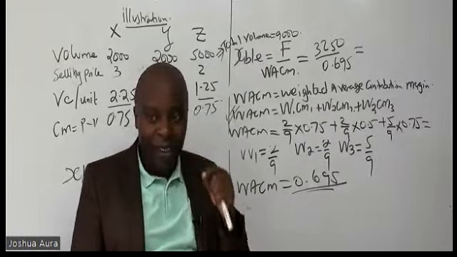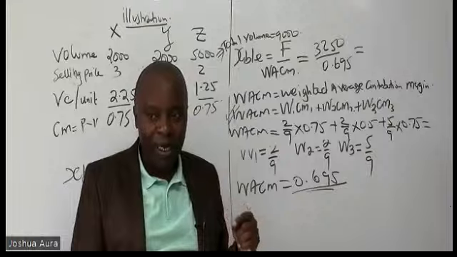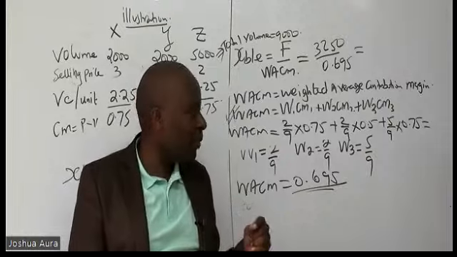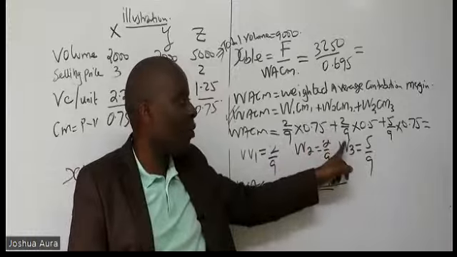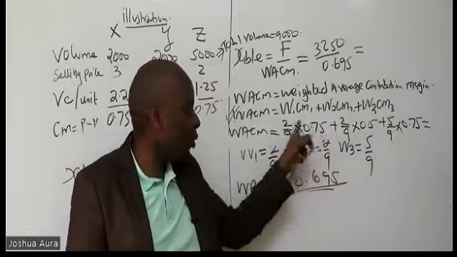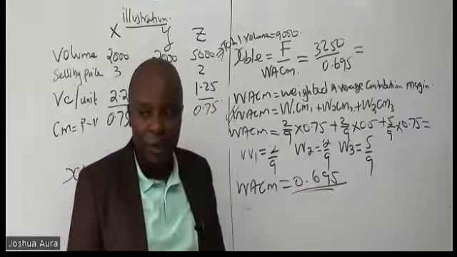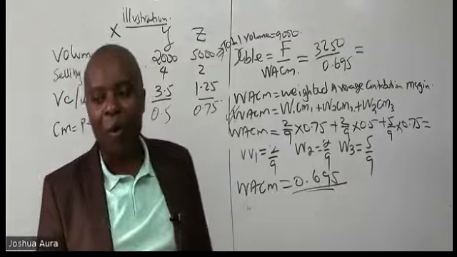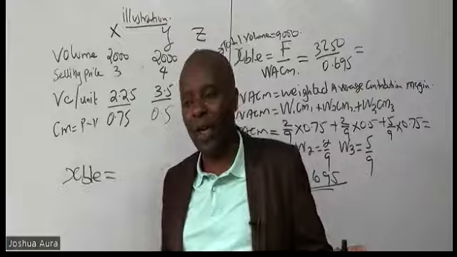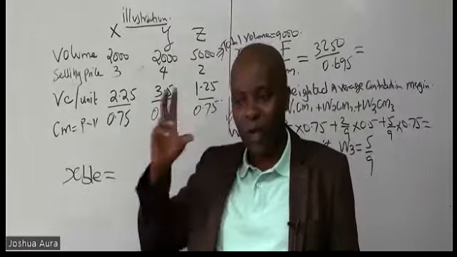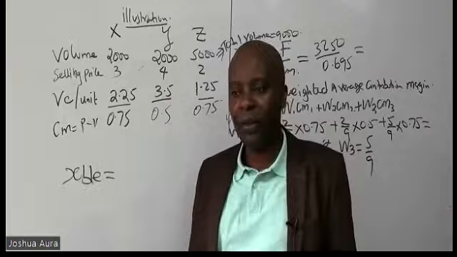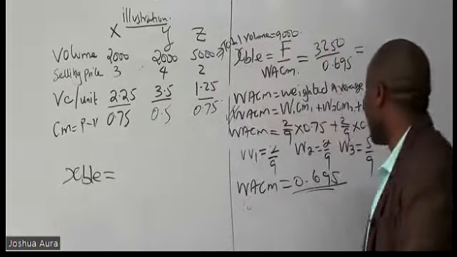Okay, let me go back a little bit to help us here. Is there somebody who used these fractions the way they are? What figure are you getting for WACM if you used the fractions, the full figure in your calculator? 0.694444, like that.